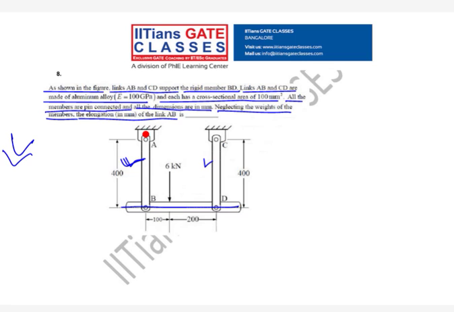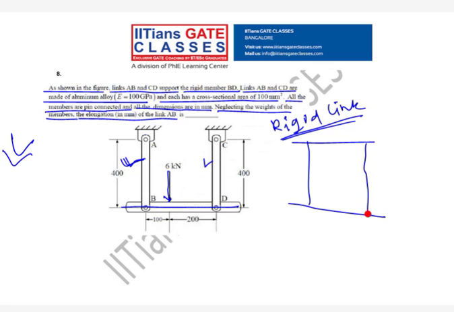Now, what is a rigid link, guys? A rigid link means there is no deformation, right? So when this load is applied like this, in the new position it may deform like this.